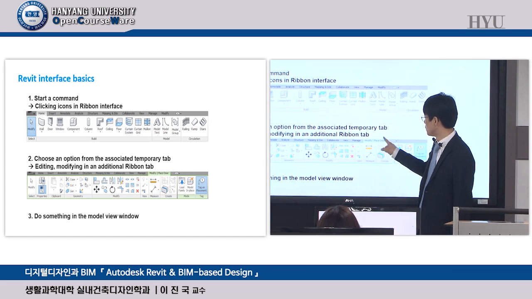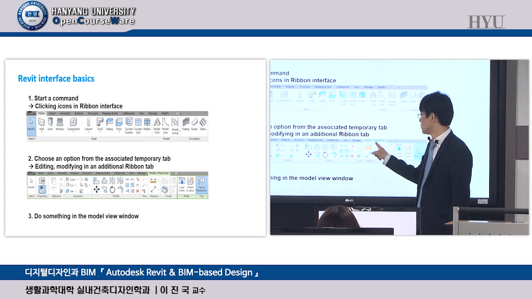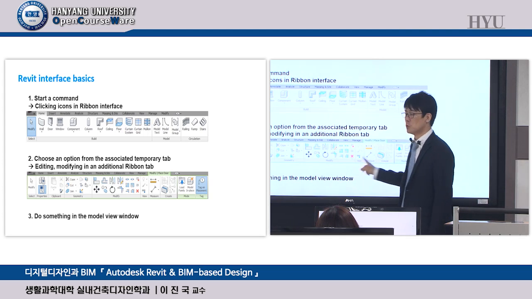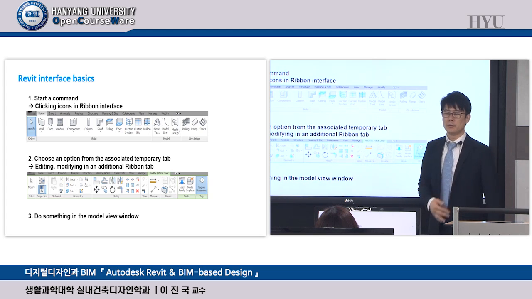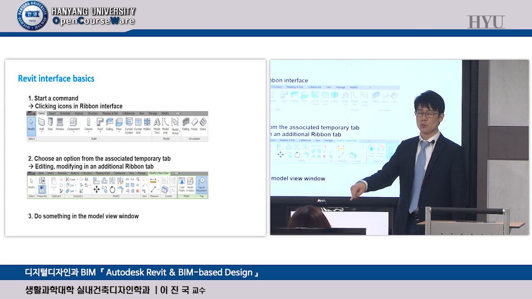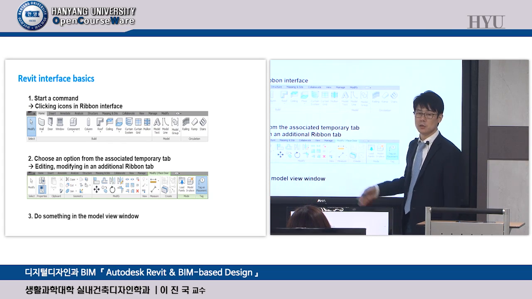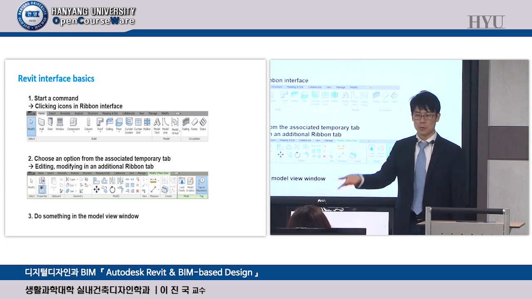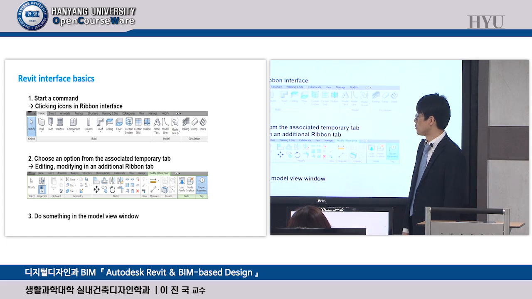Okay, if you click a door, this will show you something about doors and modifications for doors, okay? So whatever you want to do, don't just look at the screen, just click or do something, and then this will display the options for further work, okay?